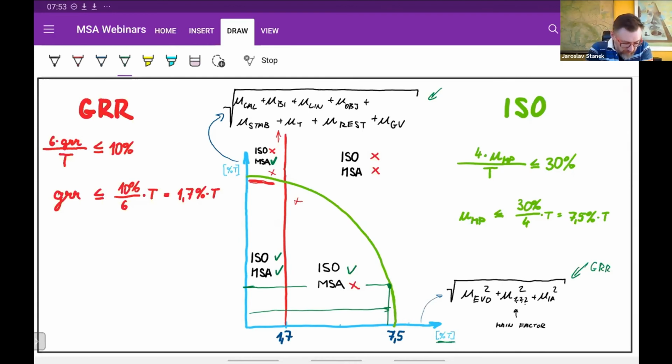And now let's see approximately how this works in terms of the size of the components. Which of these are big usually, which of these are little. So naturally, what is the main factor tends to be big. That's the reason why it is the main factor.